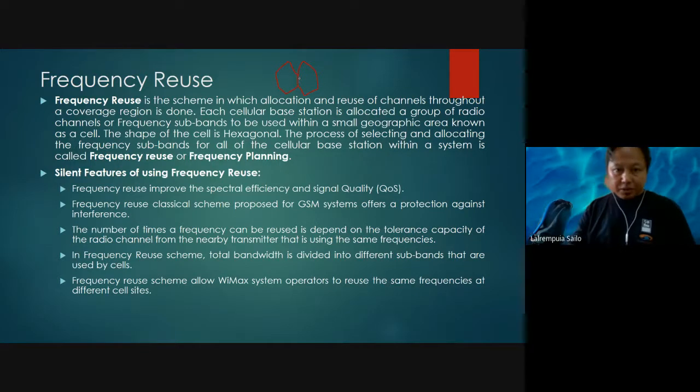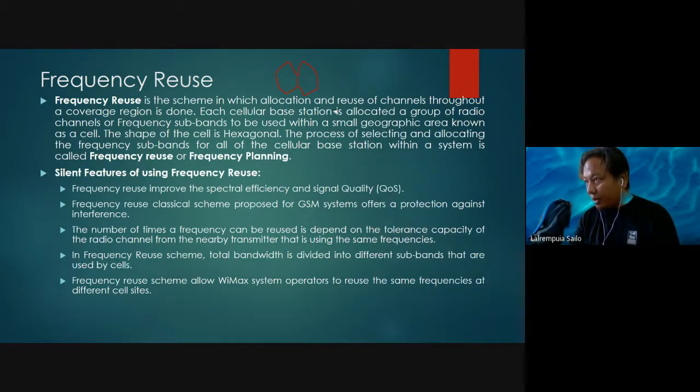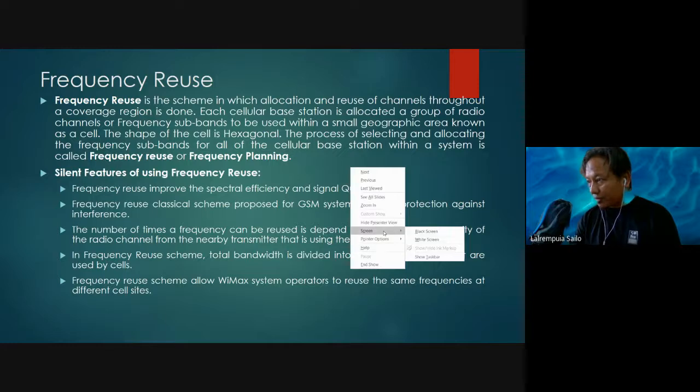Okay. This is the example of the hexagonal. Let me explain what is the use of the hexagonal and all these things.